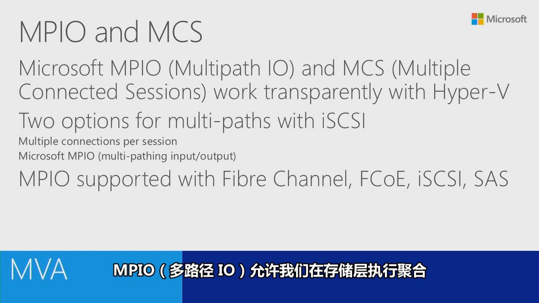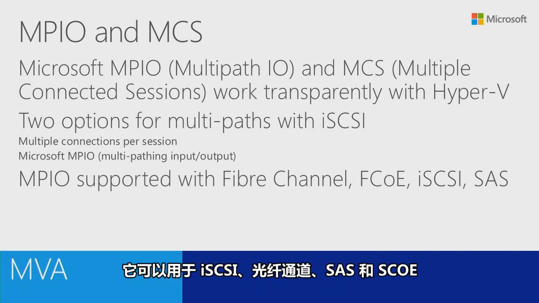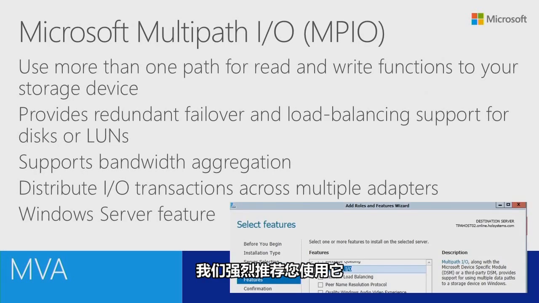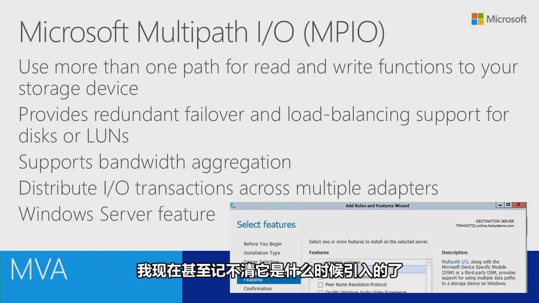MPIO, or multipath I/O, allows us to basically do aggregation and provide resiliency and redundancy at the storage layer. And it can be used for iSCSI, Fiber Channel, SAS, and FCoE. Highly recommended. And it's a key capability that's been built in Windows Server now for many, many releases. I can't even remember when it was introduced.